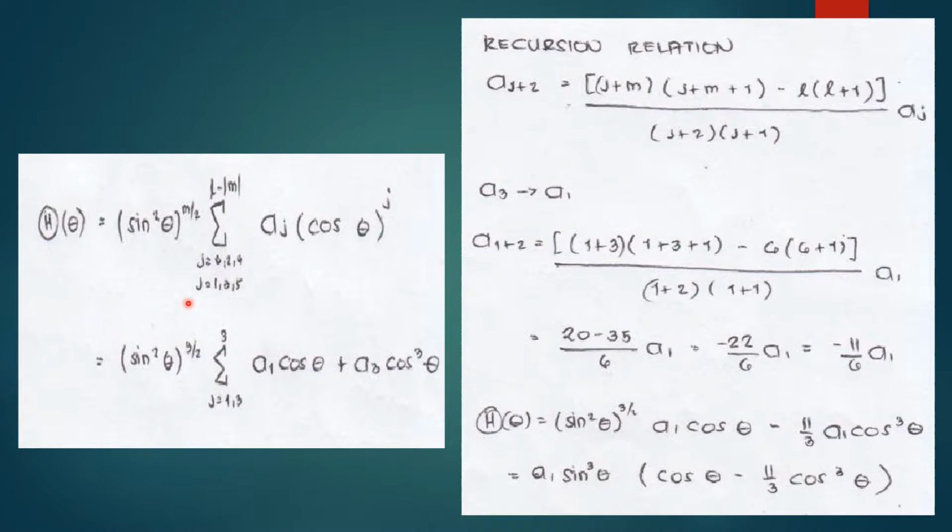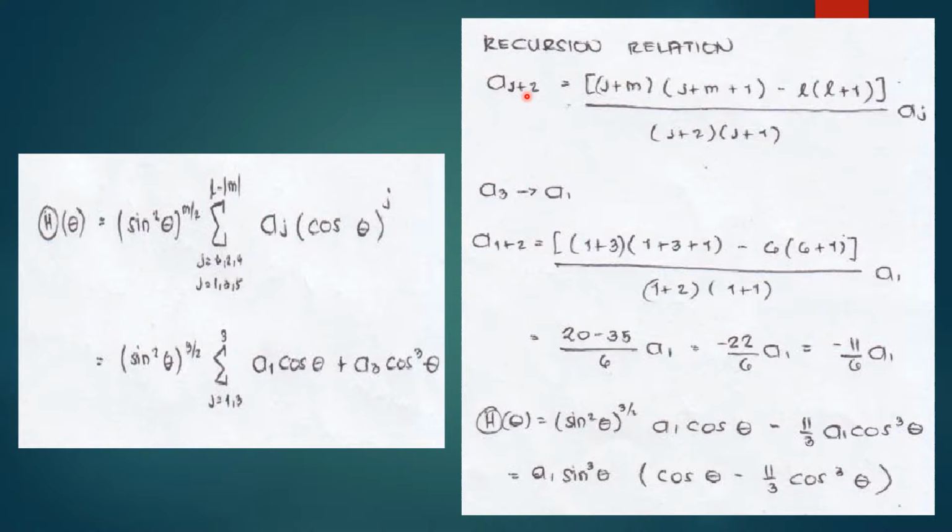This will result in the formation of two terms of cosine theta. But the term with a3 needs to be written in terms of the lowest a, in this case a1. So we need to use the recursion relation for the conversion of a3 to a1.